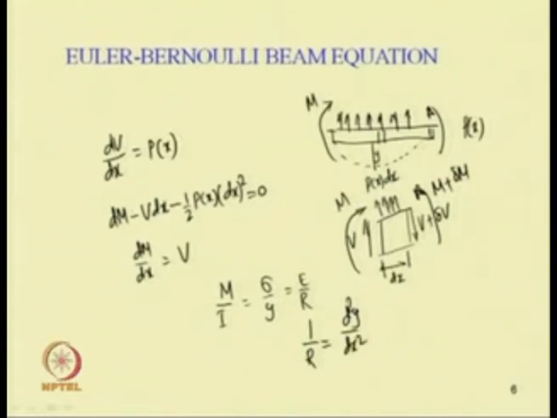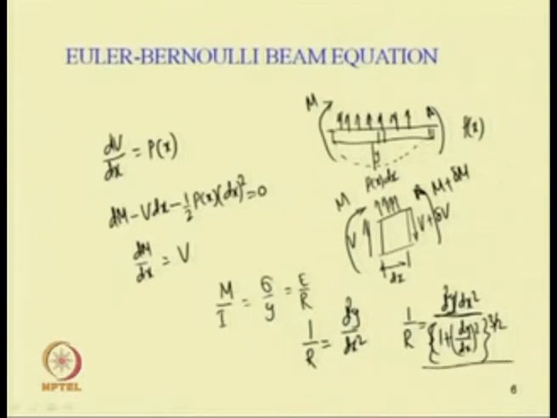For large curvature, one can write 1 by R equal to d square y by dx square divided by 1 plus dy by dx whole square to the power 3 by 2. One may note that for large curvature, if one takes this denominator to the numerator and expands it, one will get a nonlinear equation.